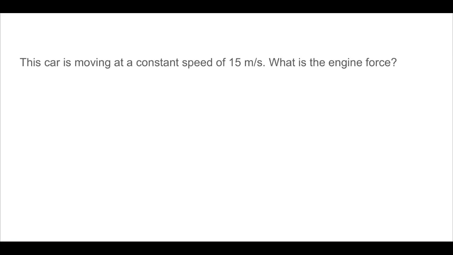Here's a car that hasn't been drawn yet, so I'm going to draw you a car here. Don't laugh at my cars. You will get to know I'm not very good at drawing. Right, this car has 2 forces acting on it.